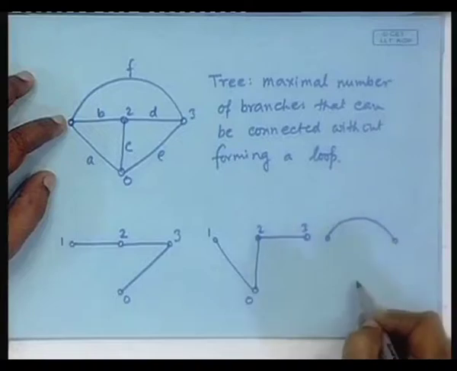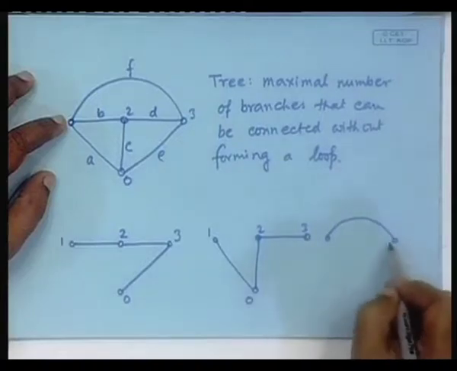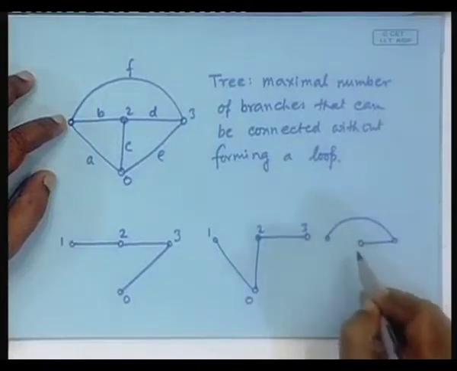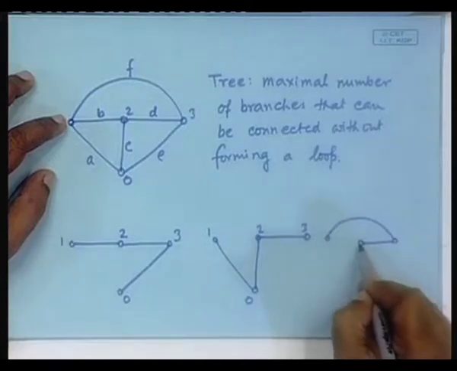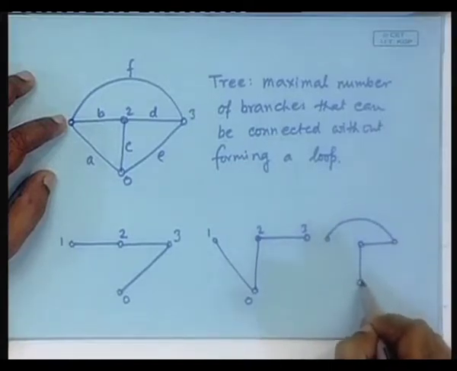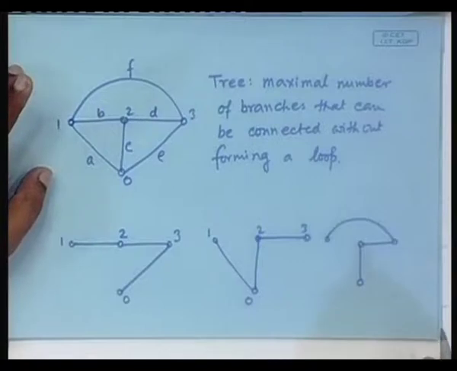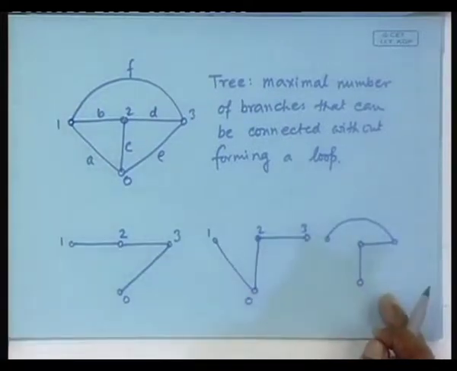Then I can come this way or you can come this way, let us come this way. Then I cannot go there, I have to come here, I cannot do any more. So, these are all the possible trees. You can easily see there can be more.